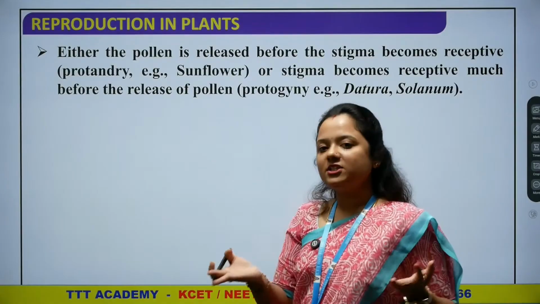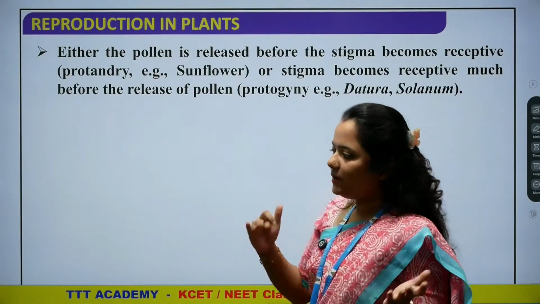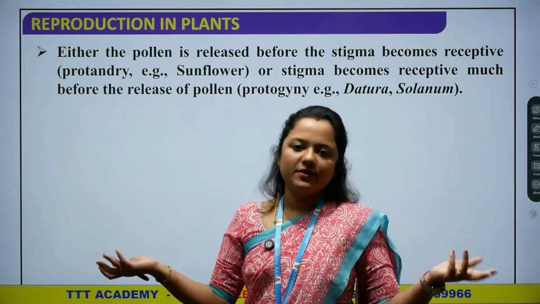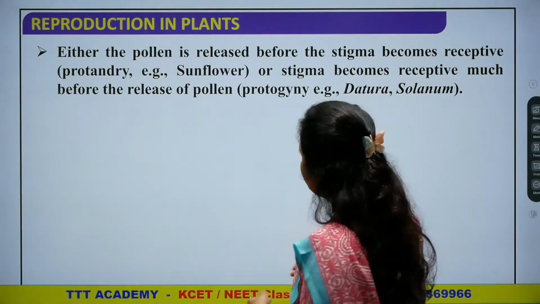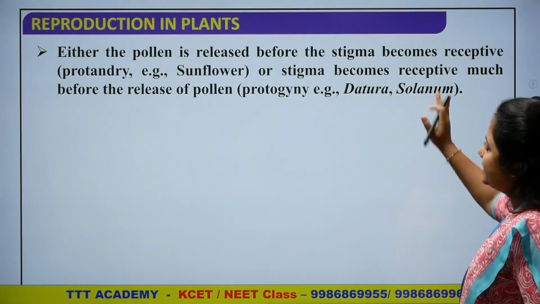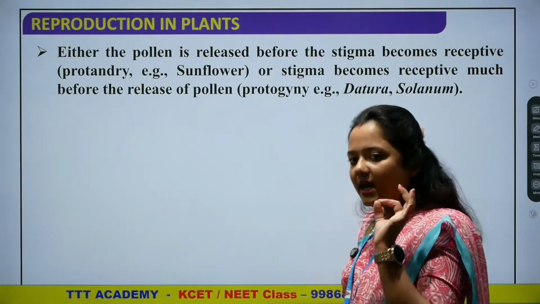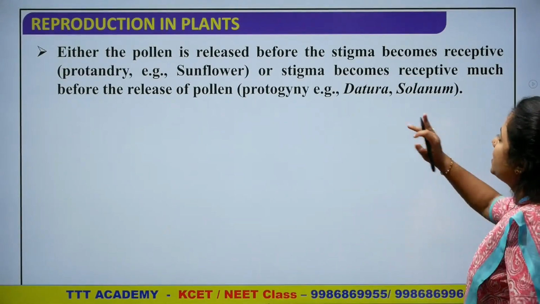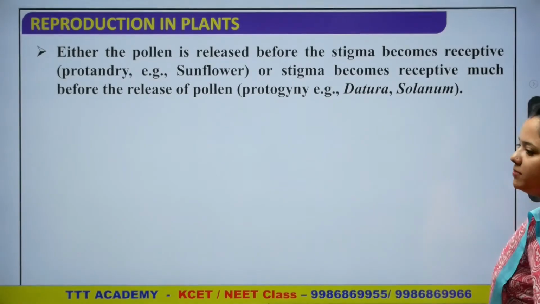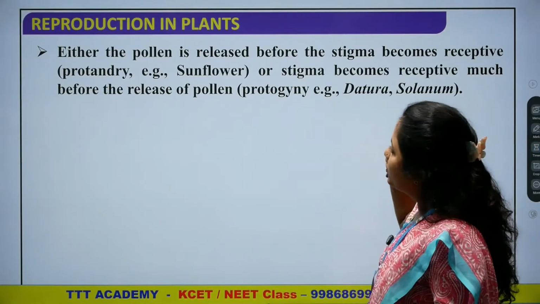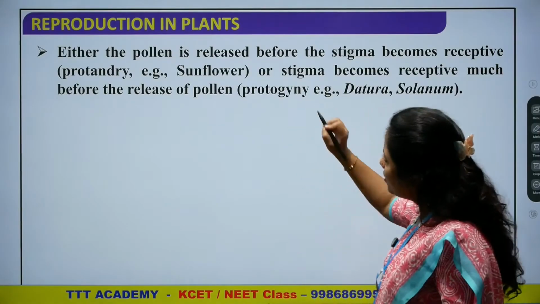When one is ready and one is not ready, we can't expect the fertilization process. This kind of dichogamy, where the stigma is receptive but pollen grains are not released, is seen in Datura and Solanum plants. Okay, so this is called protogyny.